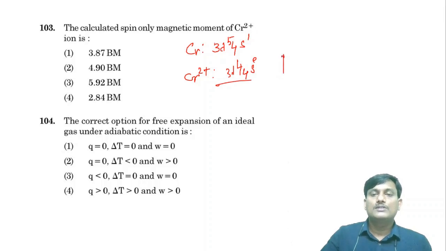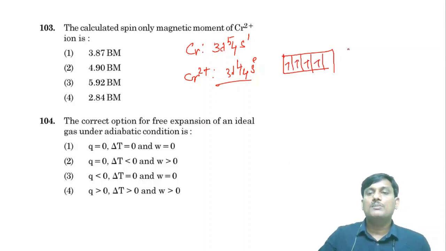So in 3d, you can fill electrons 1, 2, 3, 4. How many unpaired electrons are there? There are 4 unpaired electrons.